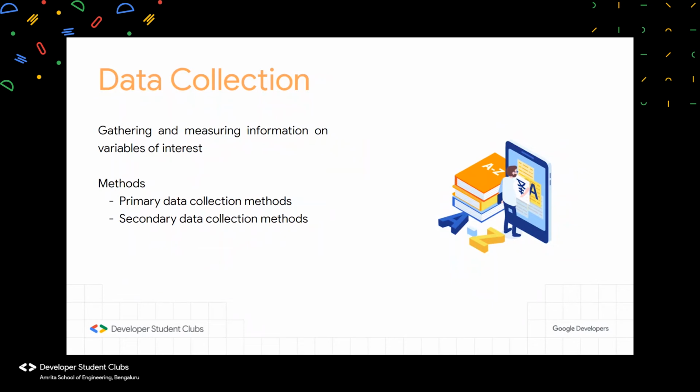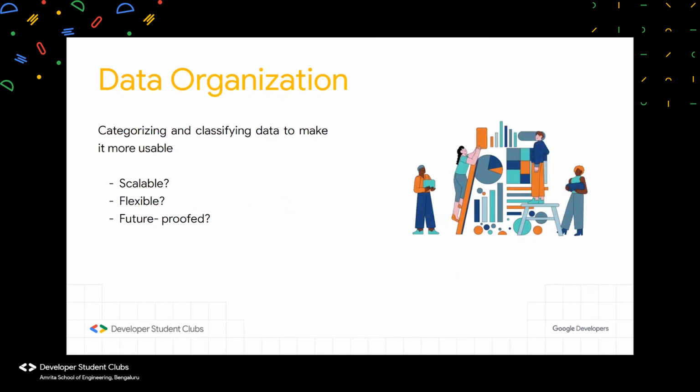Coming to the next step, data organization. So what you do in data organization is, as the word suggests, categorize and classify data to make it more usable. It's similar to a file folder. And most of your time in the process of data science will be spent in data organization.